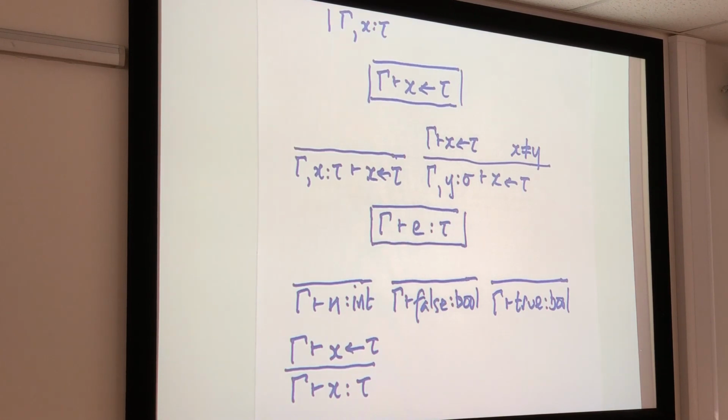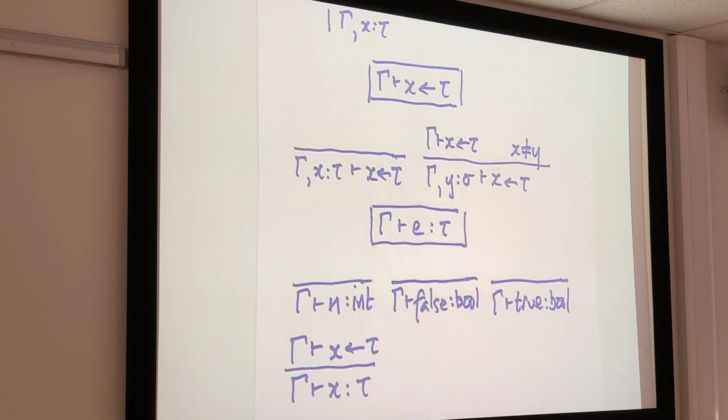So if the context says the variable is of type tau, then as an expression, the variable has type tau. That says whatever sort of thing you're allowed to store in a variable, that's what you get when you make use of the variable. Shocking.